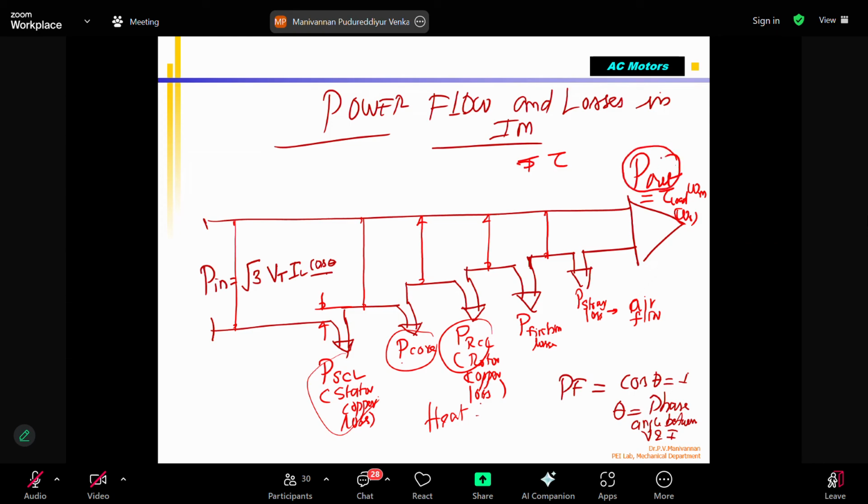That is all available. So you can see that there are 1, 2, 3, 4, 5 losses. I get this much input power, I get this much output. This is the power delivered to the load. This is what they call the power flow diagram. Note this. If you are asked to draw the power flow diagram, you can draw this.